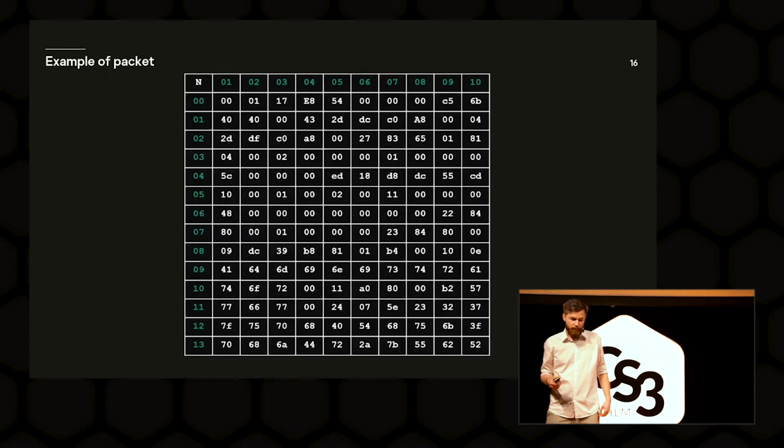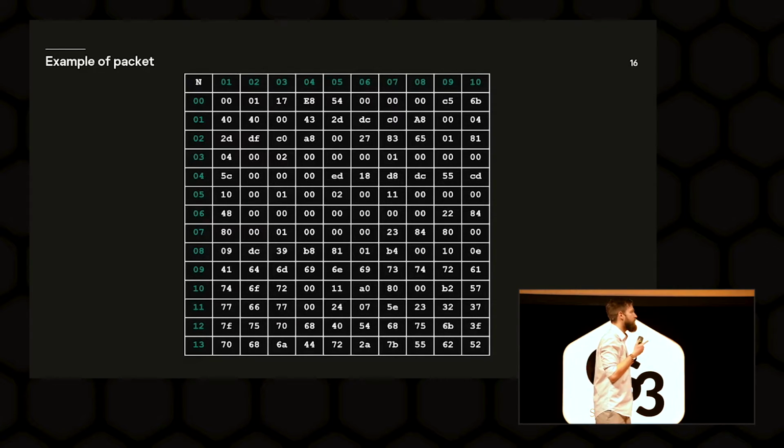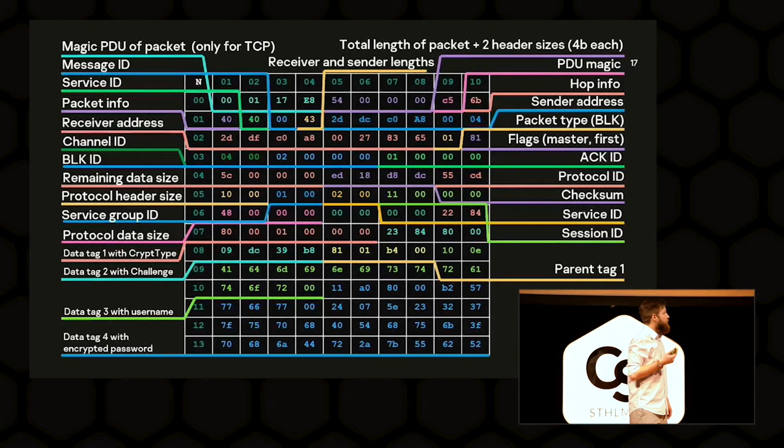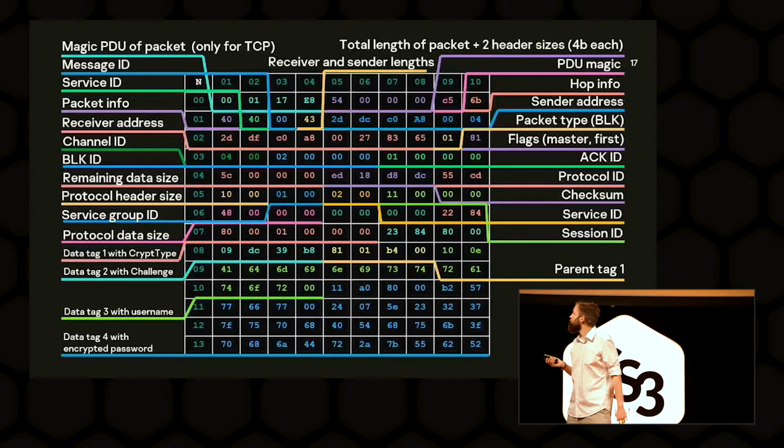For example, here is a packet that was sent from the CODESYS development system to CODESYS Runtime to authenticate. So this packet contains a command to authenticate with login and password. If we parse this packet, we will get a real beast with an enormous number of fields.